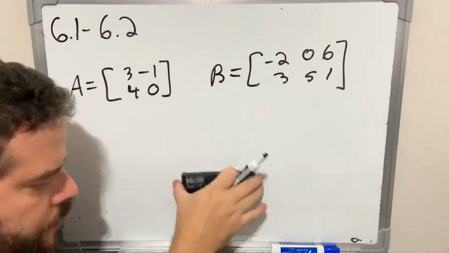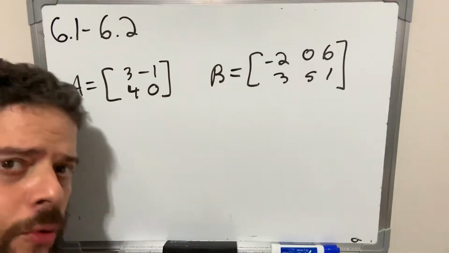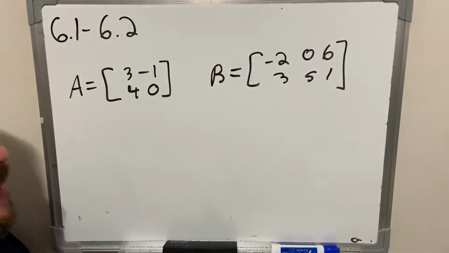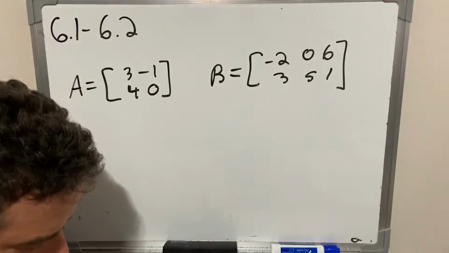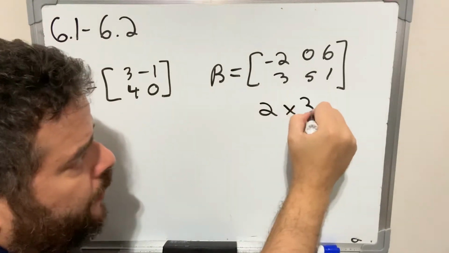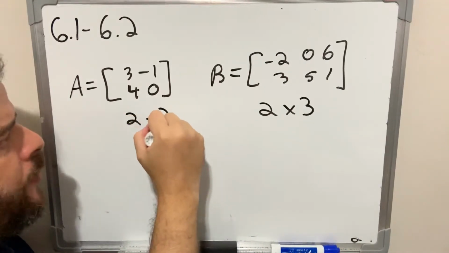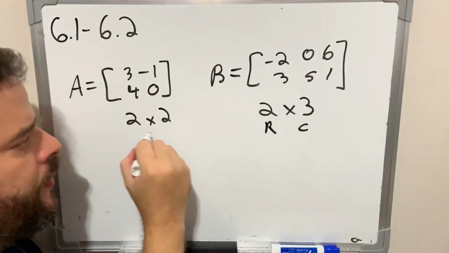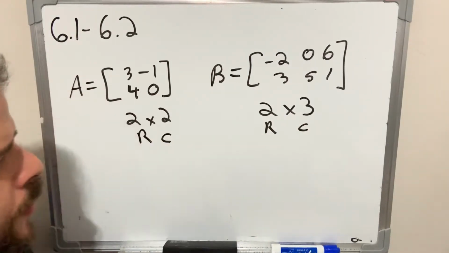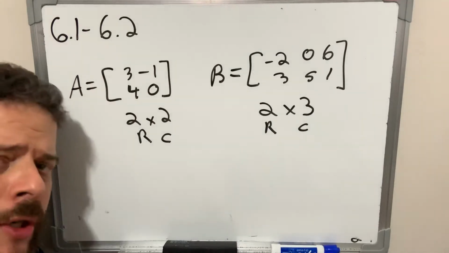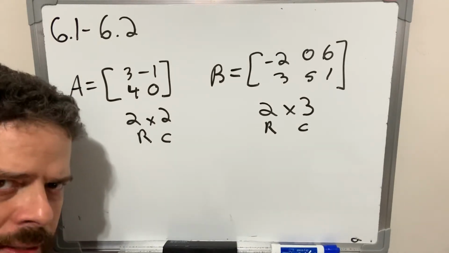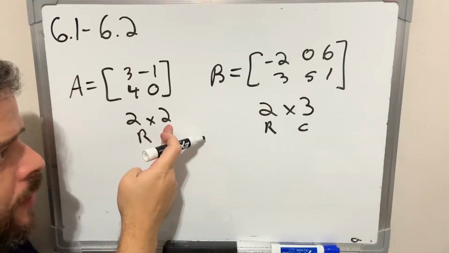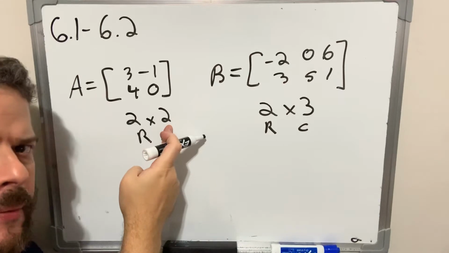First of all, let's go over the dimensions. This matrix is 2 by 3, and this one is 2 by 2. These are the columns, these are the rows. In order for me to multiply matrices, the columns of the first matrix must equal in number the rows of the second matrix.